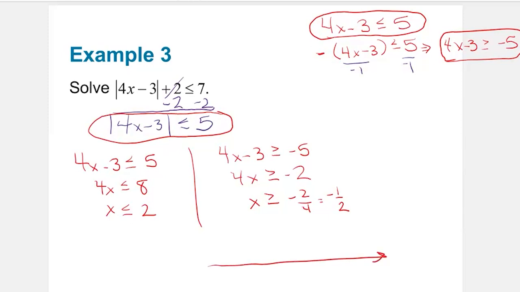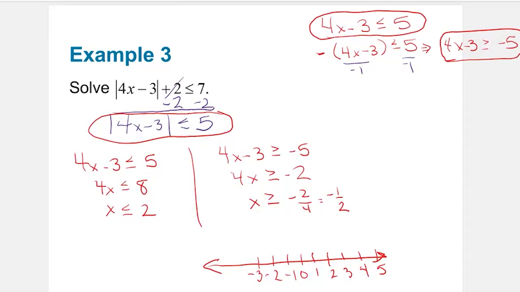It's the distance from 0, so let's say this is 0 and this is 5. 1, 2, 3, 4, 5, -1, -2, -3. That's enough, right? So I know that the distance of that equation from 0 is between -5 and +5.